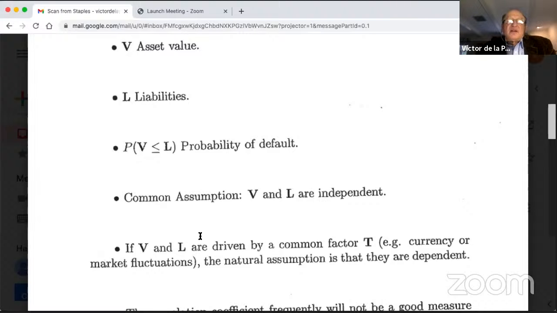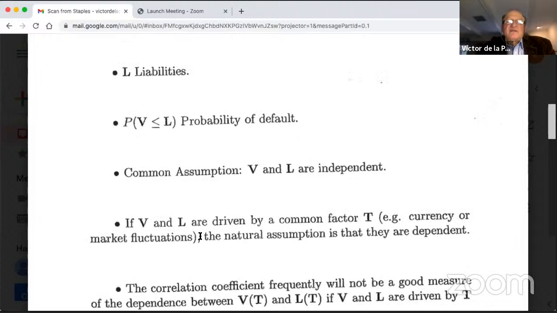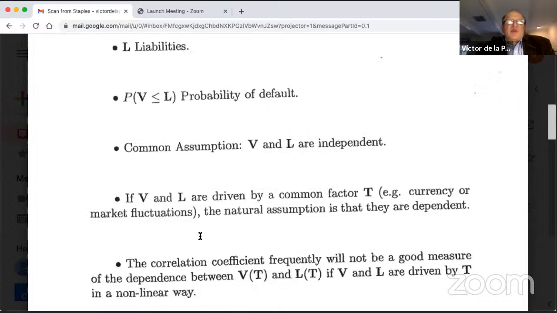Now, the common assumption is that V and L are independent. However, what if V and L are driven by a common factor, T? For example, currency or market valuations. So the asset and the liabilities are driven by the value of the currency or the fluctuation of the market. In this case, it is natural to assume that these two are dependent.